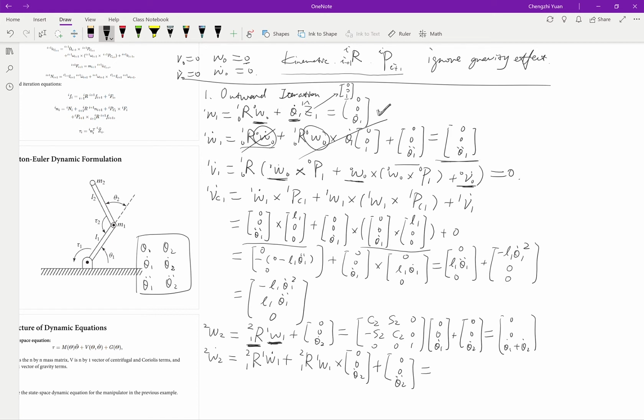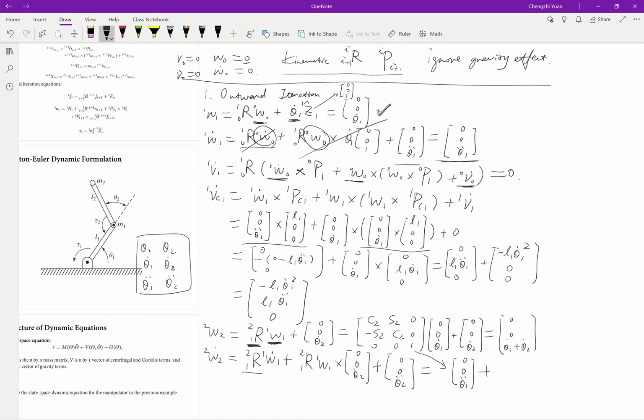Okay, so it'll be equal to, let's see. The rotation matrix R21 is the same as this one. So we use the same rotation matrix over here, but you need to multiply that with a different vector. It will be 0 0 theta 1 double dot, right?